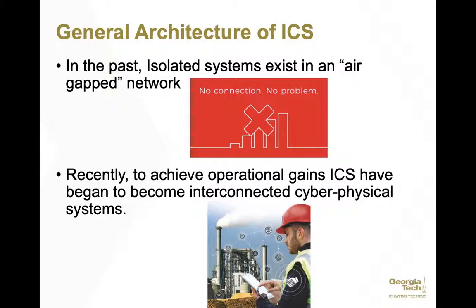Recently, though, to achieve operational gains, industrial control systems have begun to become interconnected cyber-physical systems. The remote access for monitoring and control obviously increases operational efficiencies, but increases the cybersecurity threats present.